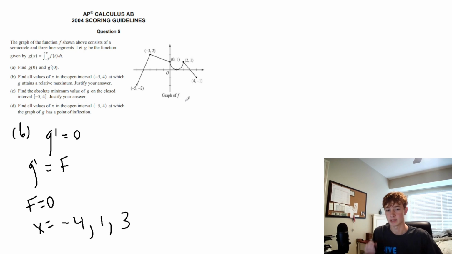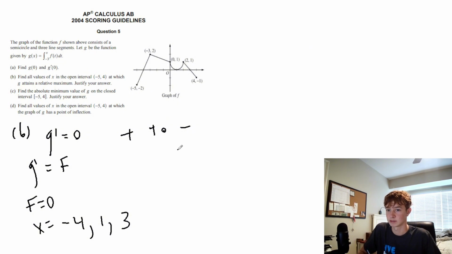Now that we have all the x values where g prime equals 0, we have all of our possible x values at which g could attain a relative maximum. To find if g actually attains a relative maximum at these points, we have to find if g prime changes from positive to negative.